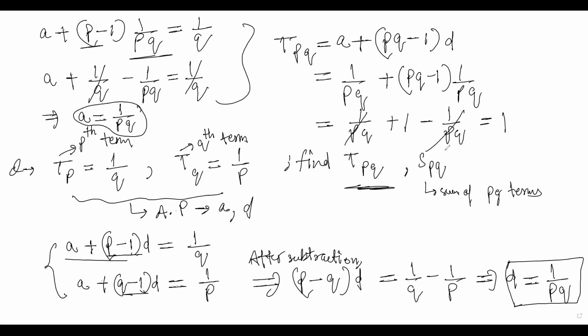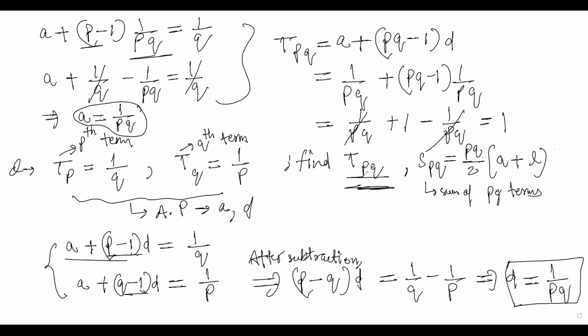Now if you want to find SPQ, you have to apply the formula: number of terms divided by 2 into (2A plus (number of terms minus 1) into D). Or else you can apply A plus L. Now what is L?